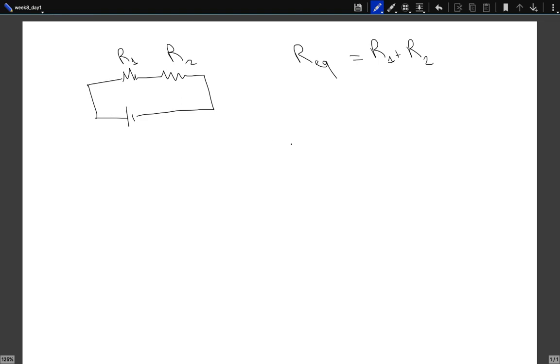And the current running through the circuit, let's call it I, would be V divided by the equivalent resistance. And how do we derive this?